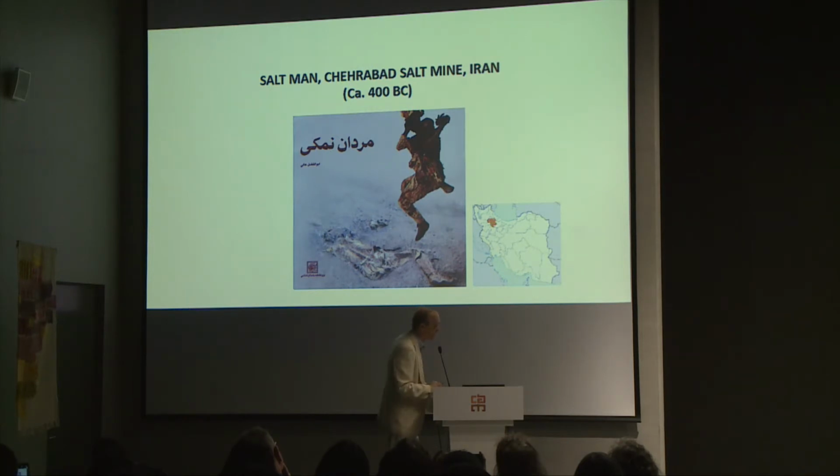Now, another sample we got is from Iran. There's a salt mine there that's been worked for at least 1,500 years. They found several mummies there, 5 or 6 of them now. And apparently what happened was that these poor people were working in the mine, and there was an earthquake occasionally, and everything came down on top of them.